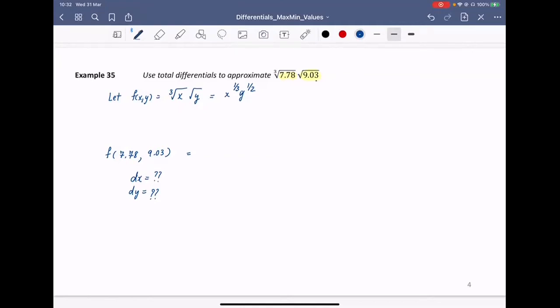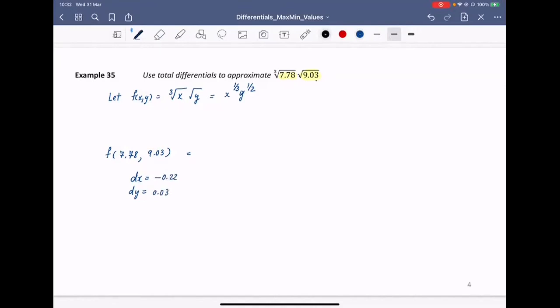Just give the answer in the public chat, because it's going to be your check-in for today if you leave the answer in the chat. You can see that everyone says yes, right? Nida, Purohit and Natsuki claim that dx should be negative 0.22 and dy should be 0.03.